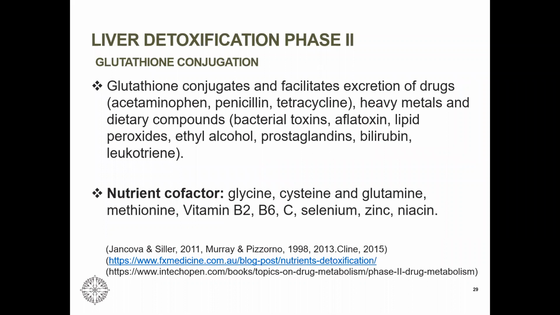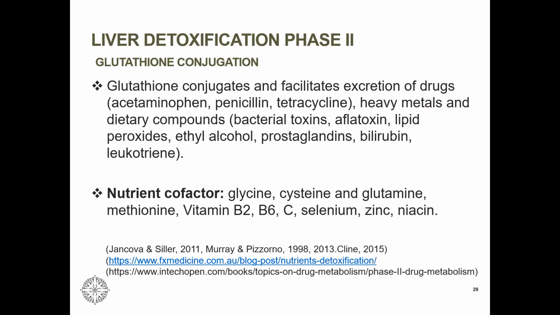And we can't stop talking about glutathione, isn't it? So it not only works as an antioxidant, but it can also conjugate and excrete some drugs and heavy metals by binding and excreting them.